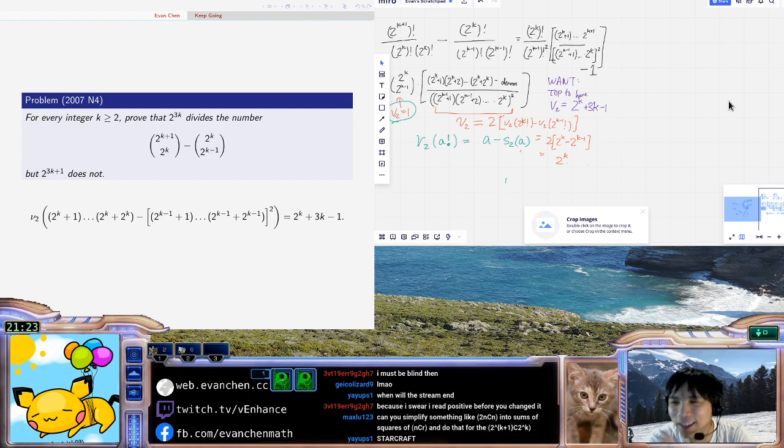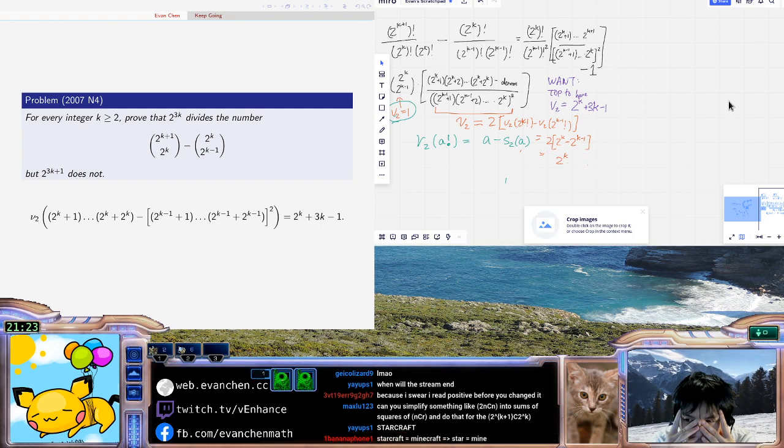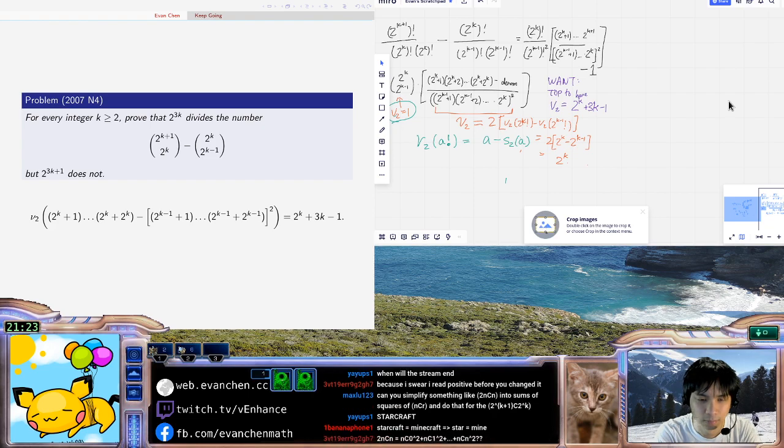Oh my god. Oh no, it's such a big expression. So, you can simplify it.